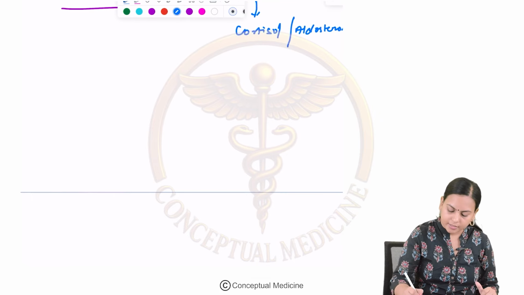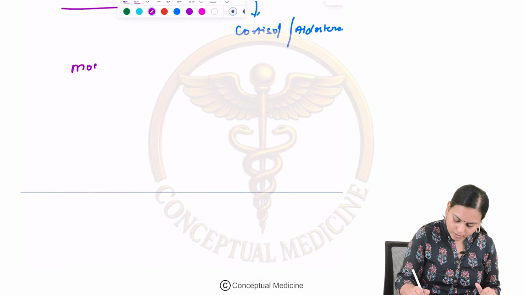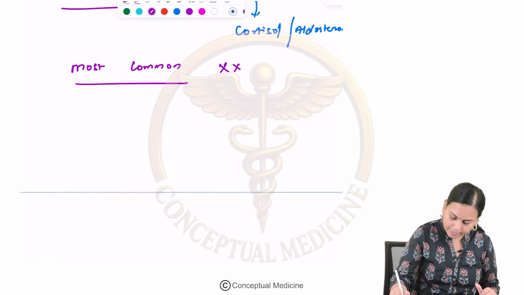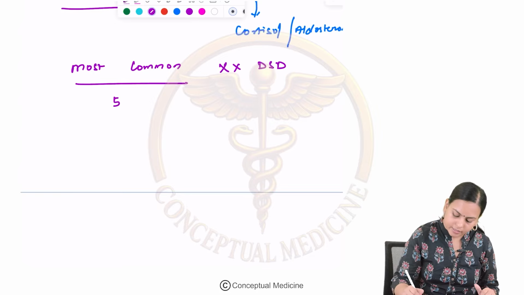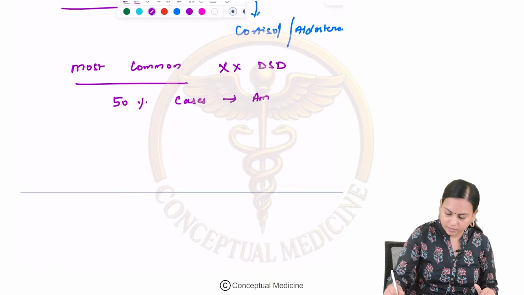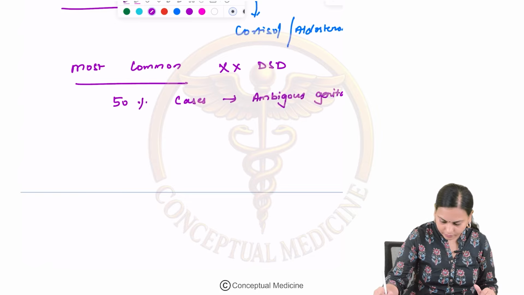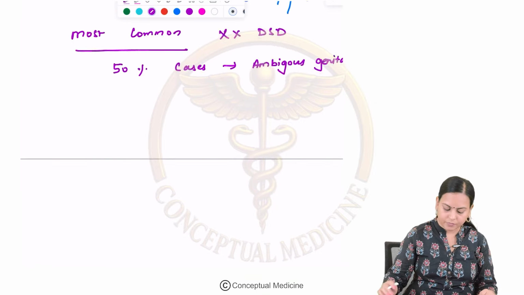This is the most common cause of excess type of disorder of sexual differentiation, and it accounts for 50% of cases with ambiguous genitalia as well. Clear?